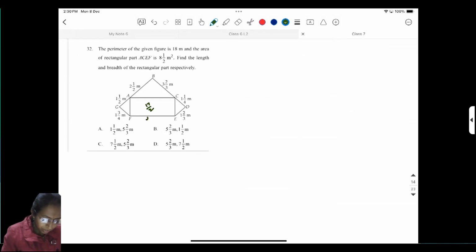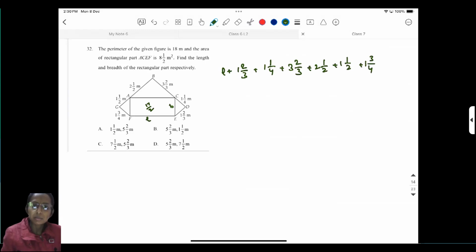So assuming that the length is L and the breadth is B. Now, when we write the perimeter of this whole figure, we have L plus 1 2 by 3 plus 1 1 by 4, 3 2 by 3, then 2 1 by 2, 1 1 by 2, and 1 3 by 4. This is the perimeter of the figure, which is equal to 8.5.